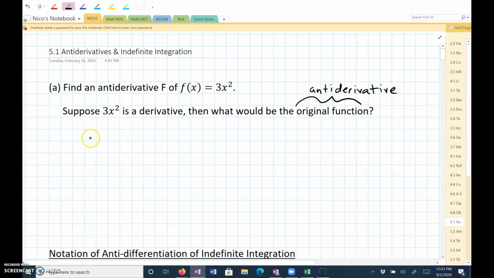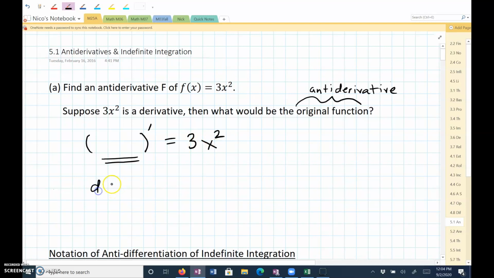What's the original function that we took the derivative of to get 3x squared?